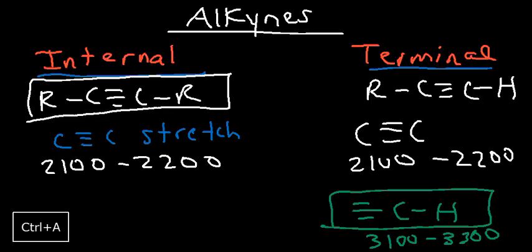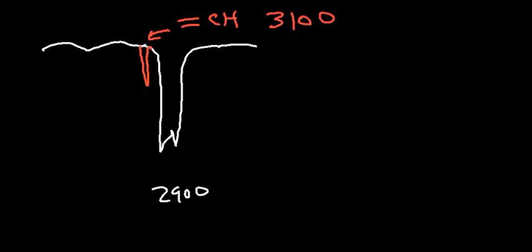So let me show you how it looks on a graph. Typically you'll have this alkane CH stretch around 2900, which is almost always there. Now for an alkene, you'll see a signal somewhere to the right of it, and that would be the double bond CH stretch for an alkene, usually around 3000 or 3100.